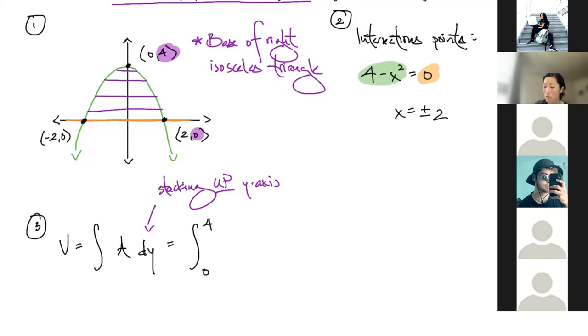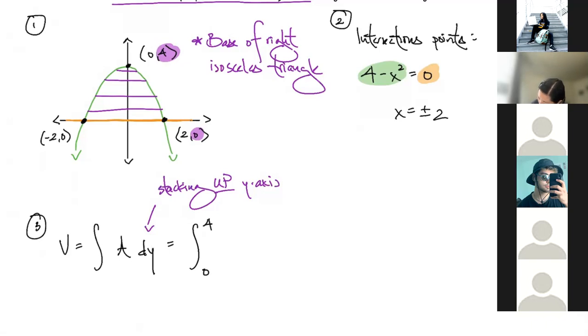Now, we know the area of an isosceles triangle. What is that area formula? Area formula for an isosceles right triangle. 1/2 base times height. There you go.